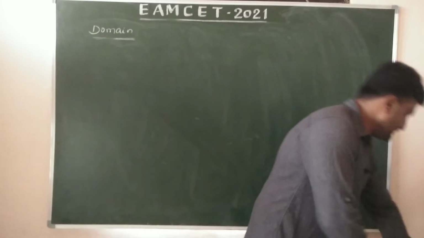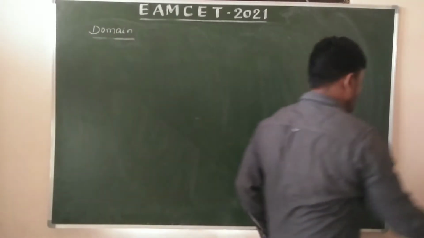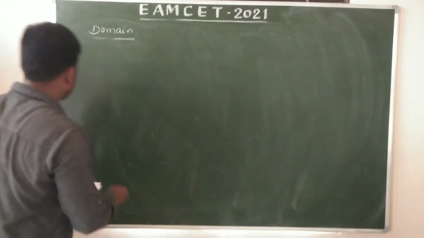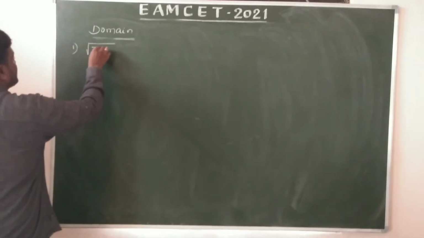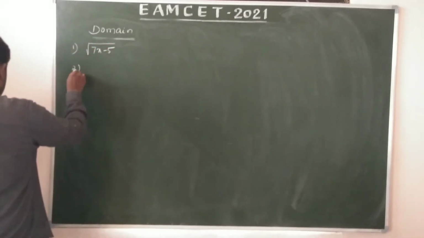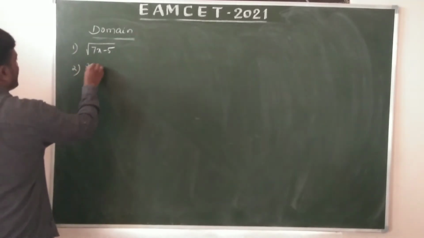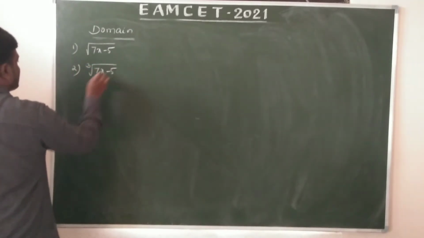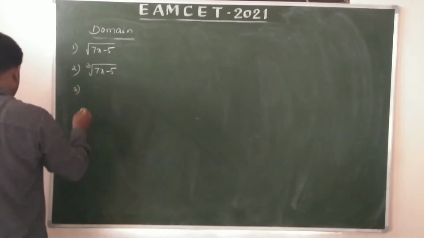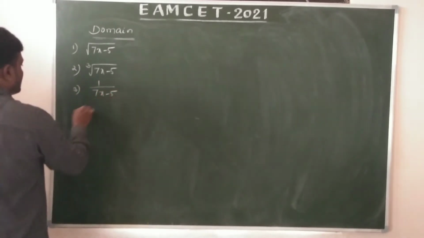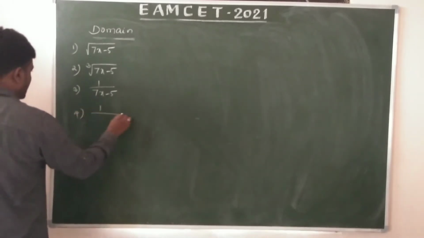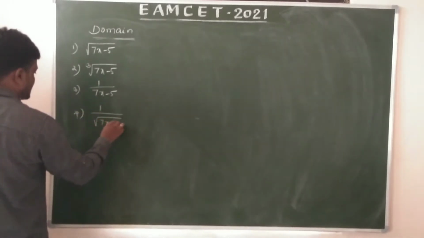Now I can take some problems here. First one, square root of 7x minus 5. Second one, cube root of 7x minus 5. Third one, 1 by 7x minus 5. Fourth, 1 by square root of 7x minus 5.